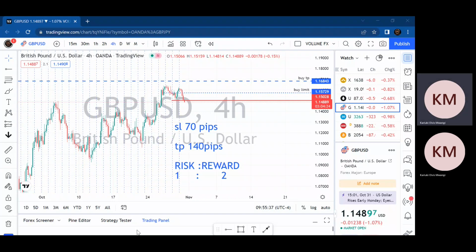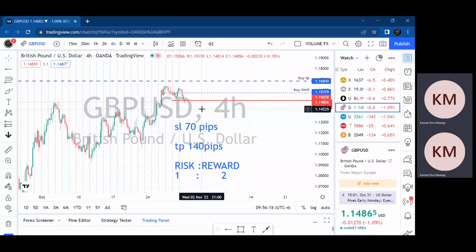Okay, I have a question. About the risk to reward. Not that I'm being too greedy, but can you have 1:4 or a higher number than 2? Can the broker allow you to? Yes. Let me repeat again.